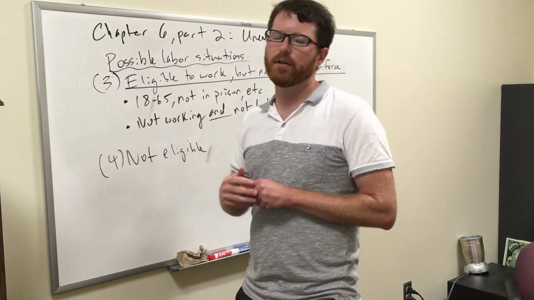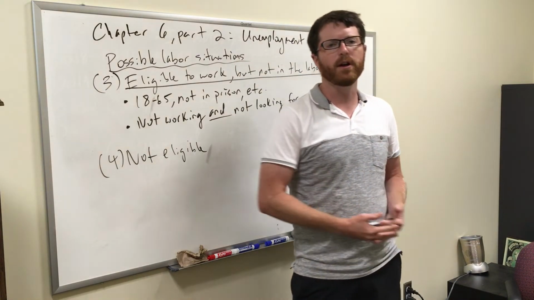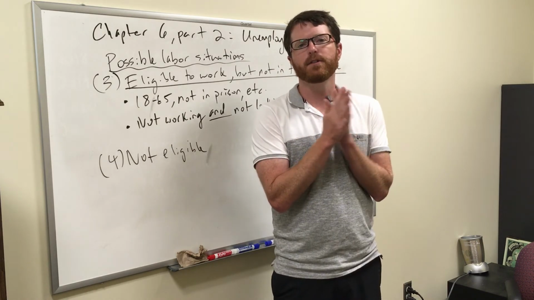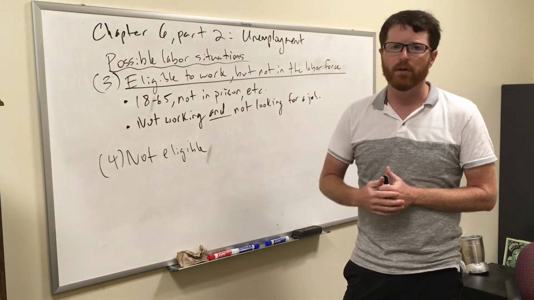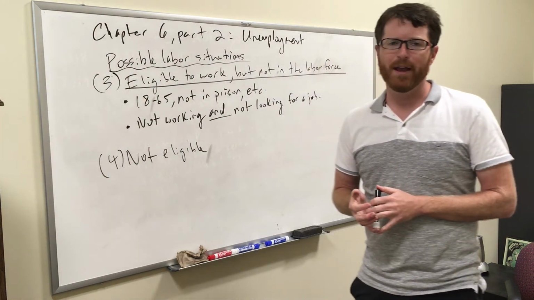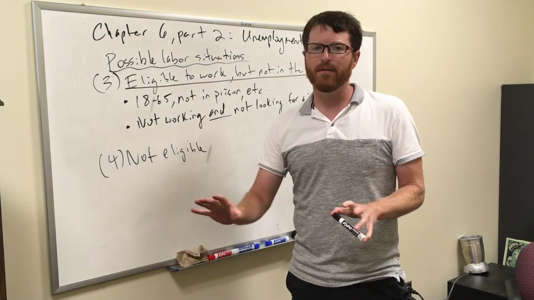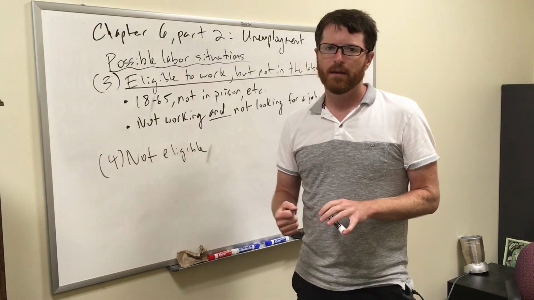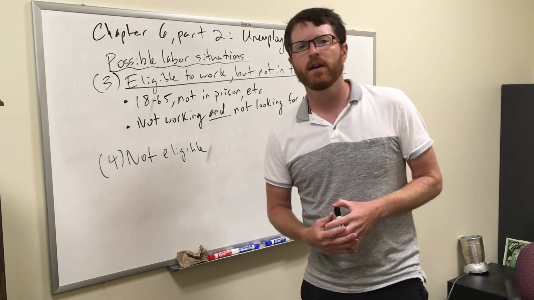Part of the reason why I illustrate this point is so you realize when we talk about people that are unemployed, we're focusing on a specific segment of the population. A really big chunk of the population is in this fourth category, right? A lot of people are below the age of 18. A lot of people are in prison. A lot of people are in military. So a lot of the economy is not even discussed in the labor market. All right, and then we've also got a lot of people that choose to be stay-at-home parents.